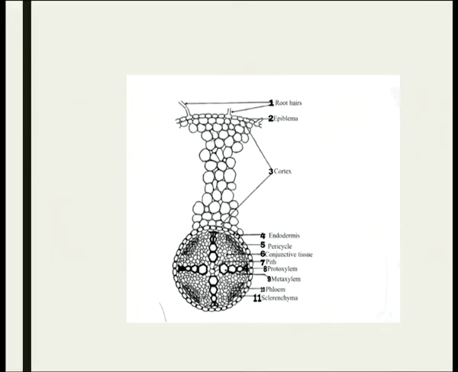So now after the cortex there is layer number 4, which is called endodermis. Can you locate it on the diagram? Yes, it is number 4, endodermis. Endodermis is basically a layer which cuts off the cortex from the vascular tissue inside, and this endodermis generally has certain special cells which have Casparian strips.